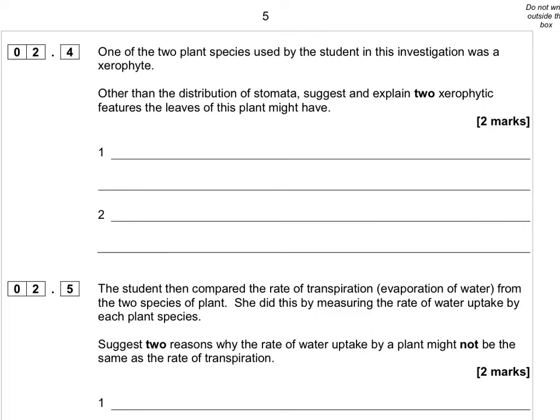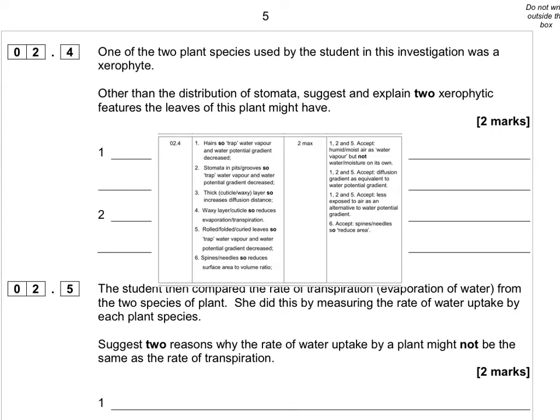This is in 3.3.2, where the spec specifically mentions structural and functional compromises between the opposing needs for efficient gas exchange and the limitation of water loss shown by terrestrial insects and xerophytic plants. So there are lots of different features, and you could have many different answers here.